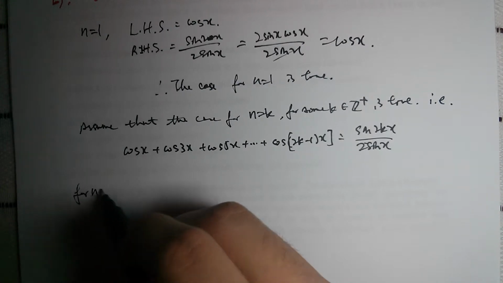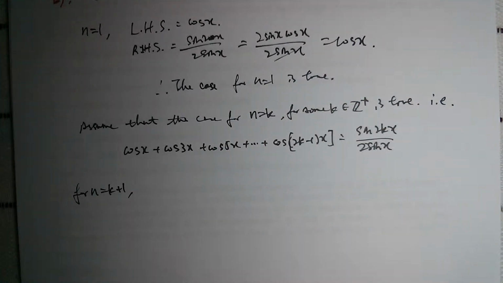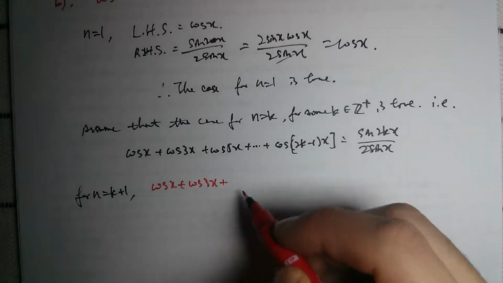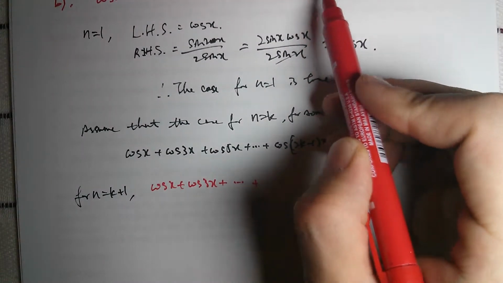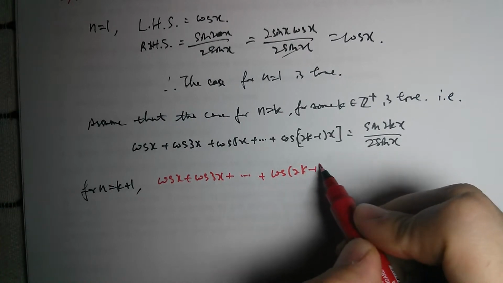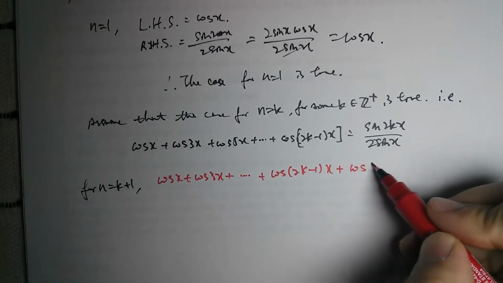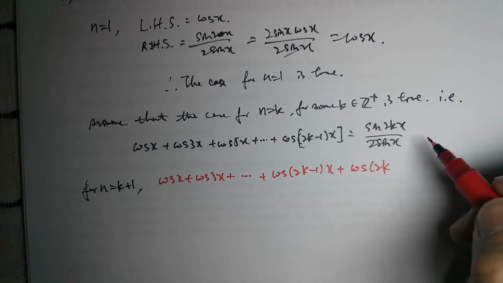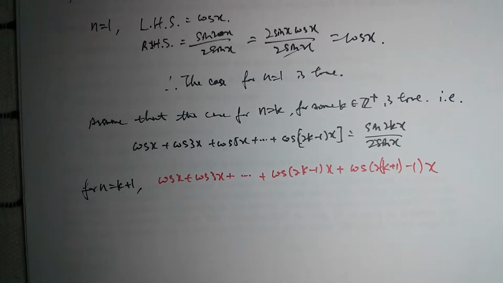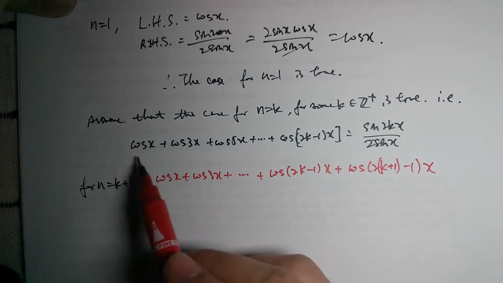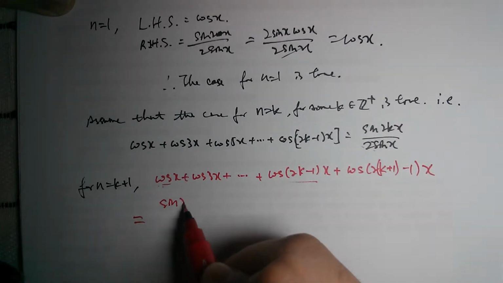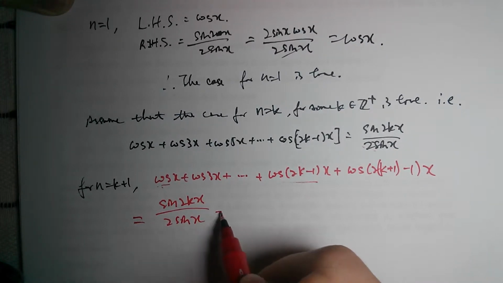Okay, so for n equal to k plus 1, the left-hand side would become cosine x plus cosine 3x plus all the way up to, for the n you change it to k plus 1, so cosine (2(k plus 1) minus 1)x, and the one before it is cosine (2k minus 1)x. This equals, by the induction assumption, the left-hand side of the first part, since they look exactly the same, sine 2kx over 2 sine x plus this.